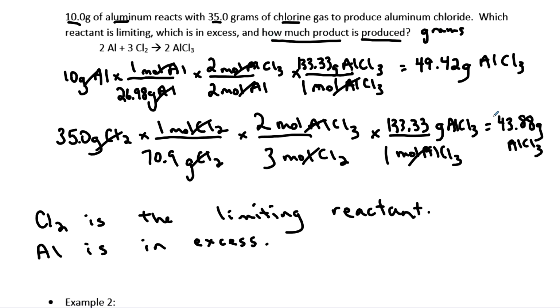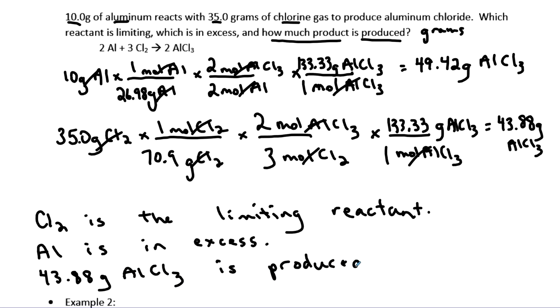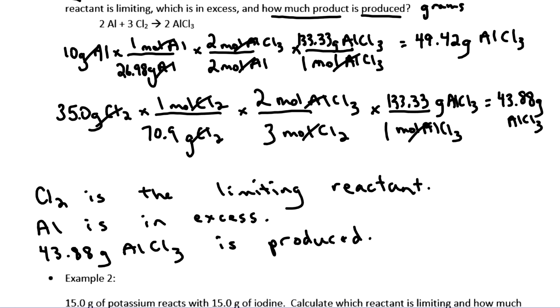And the amount of product produced is the lower amount produced by the limiting reactant. So 43.88 grams of aluminum chloride is produced. Okay, so you know how to do all of this. It's now just interpreting it slightly differently.